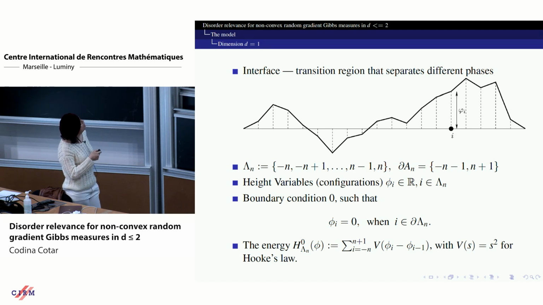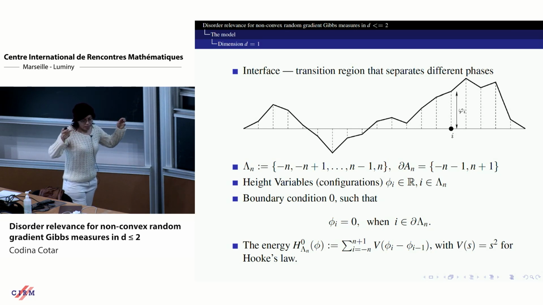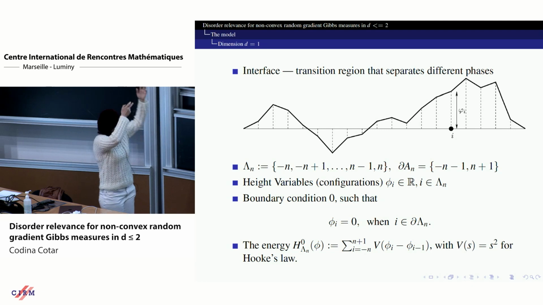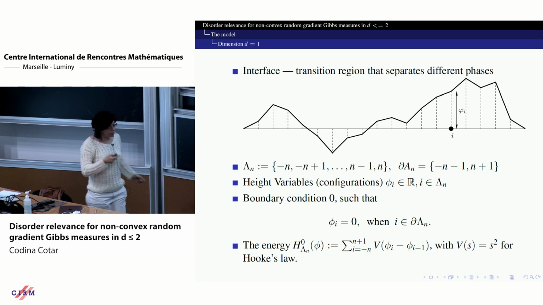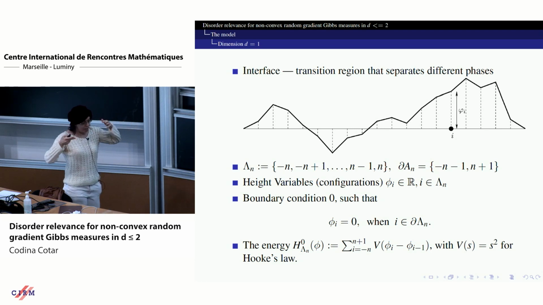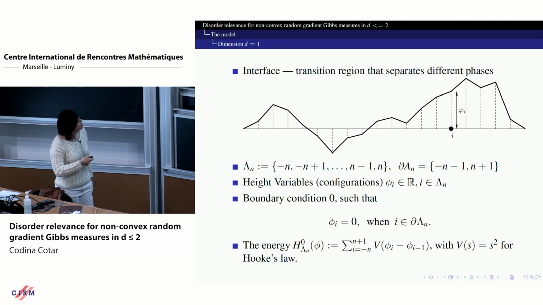That means at the boundary, at minus n minus 1 and n plus 1, I'm going to fix this height variable to be 0. This is nice because it will allow the integrals that I will introduce later to be finite, and zero boundary condition is a nice boundary condition. But of course you can fix the boundary to something else.